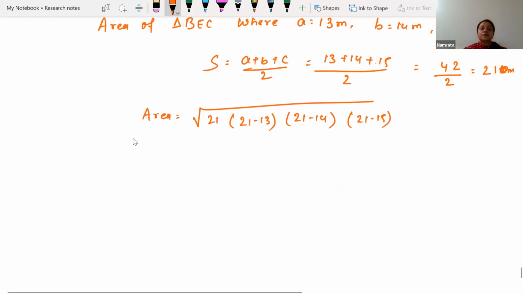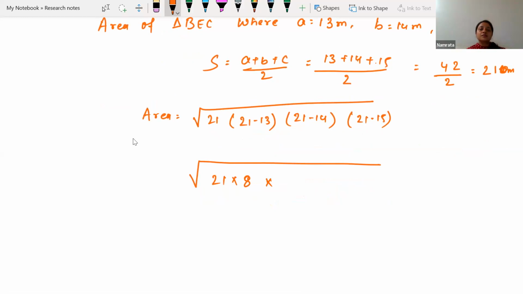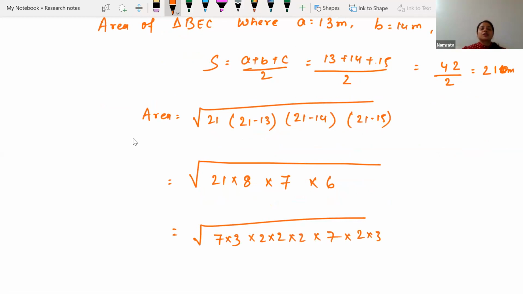Let's do it. Root 21, 13, 7, 8, into 14, 6, 7, 21, 15, 5, 1, 6. So here, let's break this 21, 7 into 3. Let's break this 8. It will be 2, 2, 2. 7 is as it is, 2 into 3. Let's check the pairs.